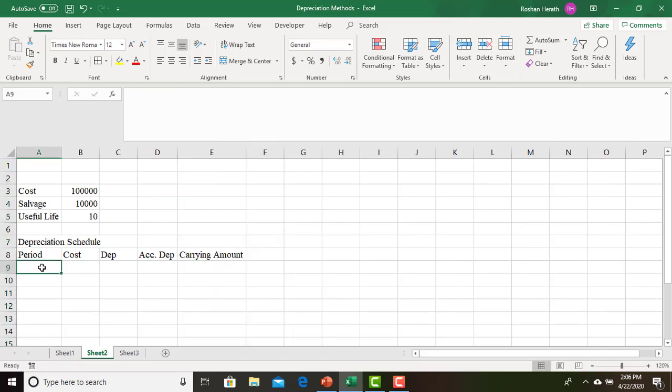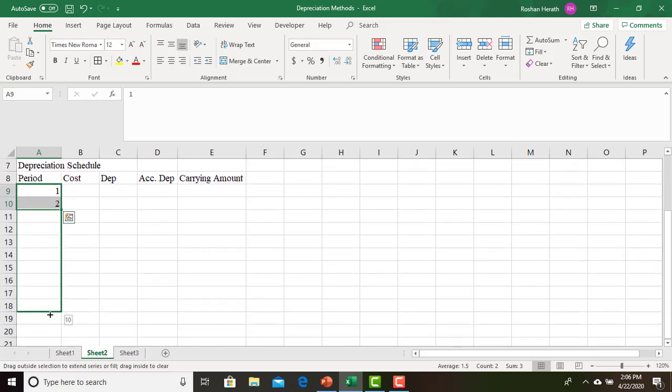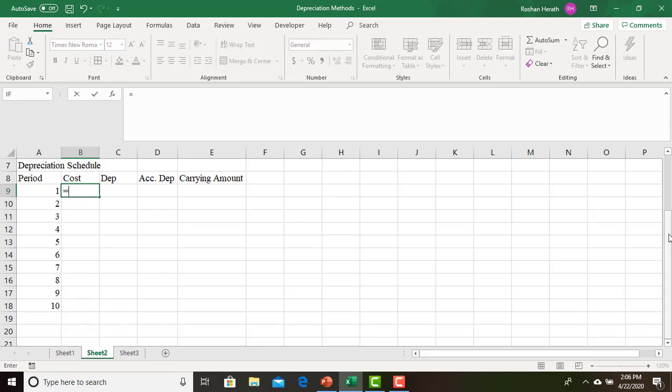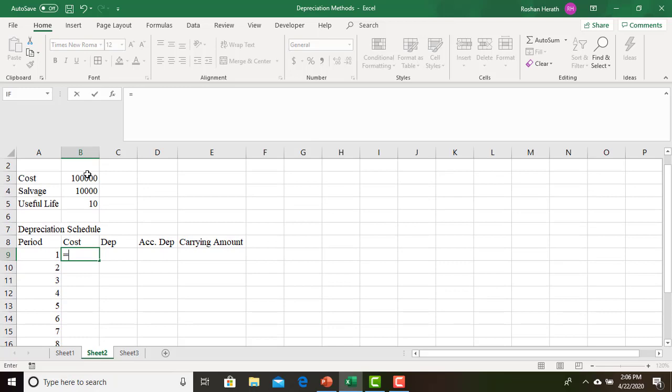The period is always the useful life. It will go up until 10, right? Then the cost information: you know the cost is the price that you paid to acquire this asset, and it does not change from period to period, so it remains constant.